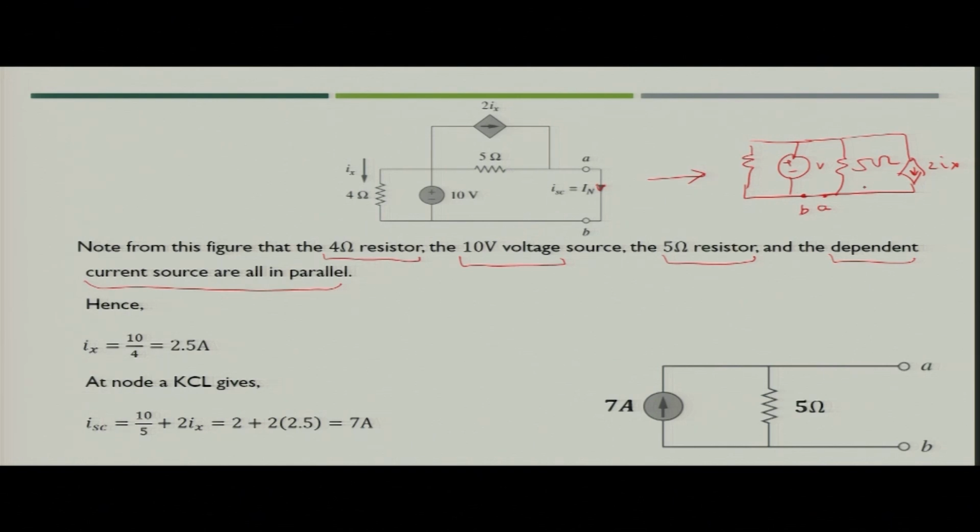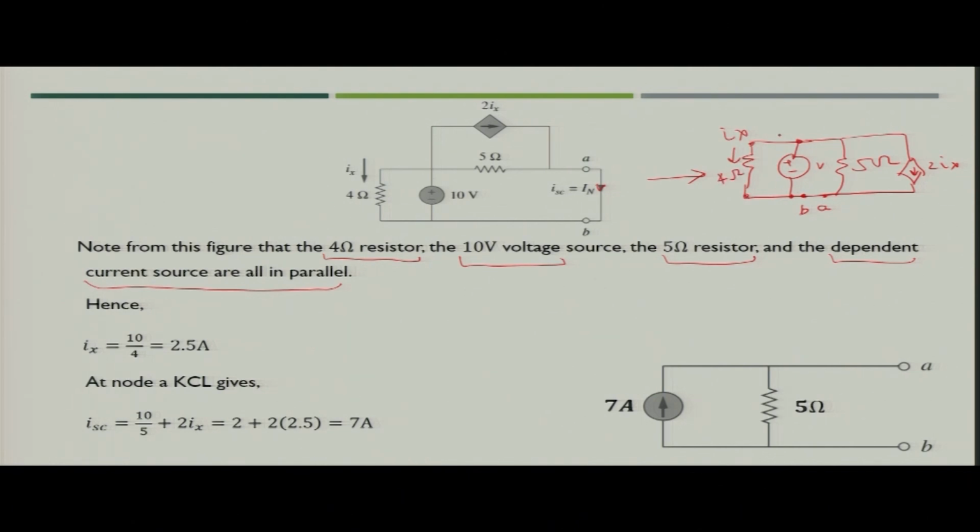When you see this, what you get? You get the value of current Ix which is flowing through the 4 ohm resistance. The current flowing through 4 ohm resistance is, because you see this voltage V which is across the node 1 and node 2 is nothing but voltage applied across 4 ohm resistance also.